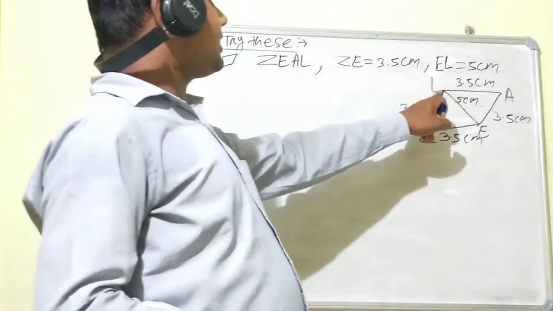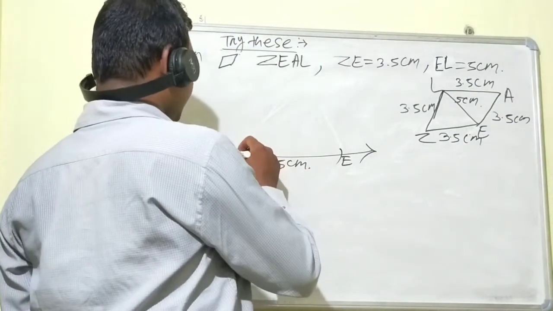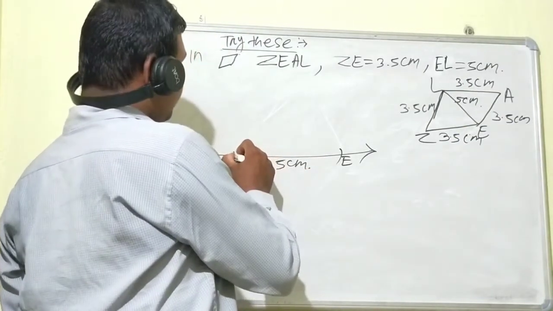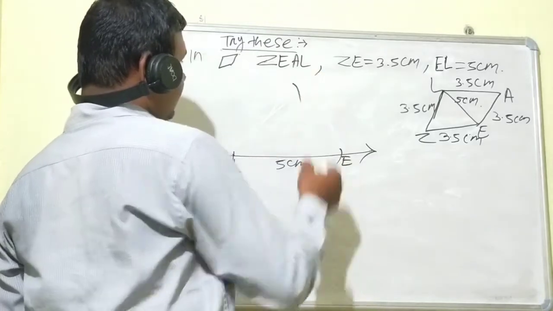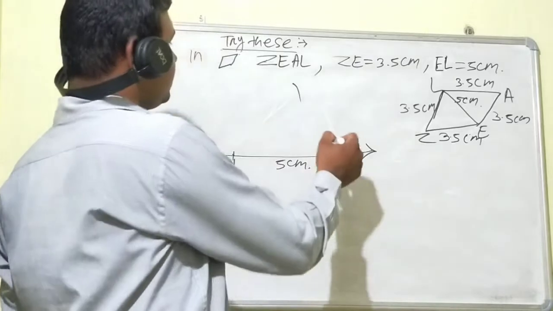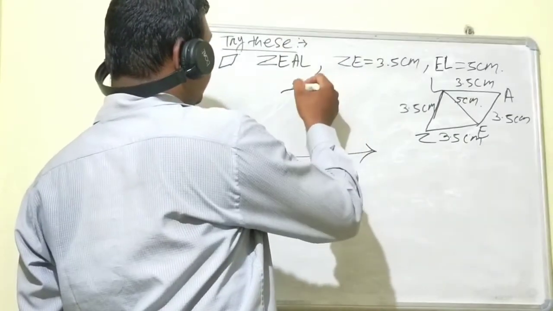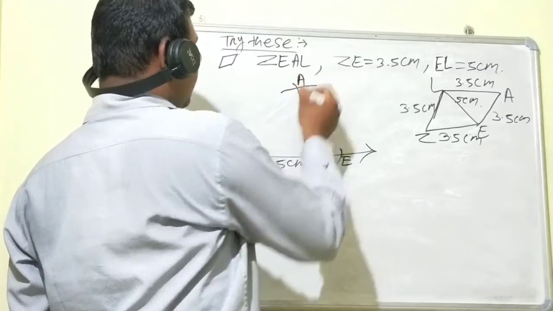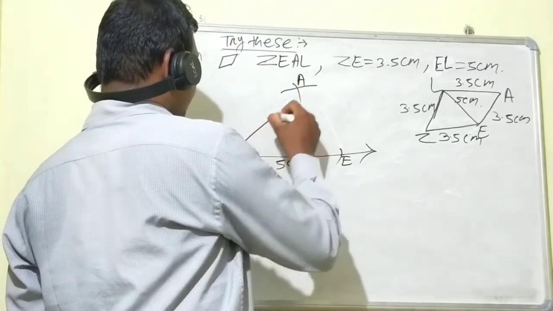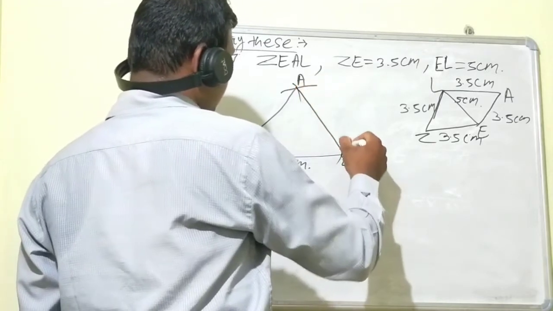We'll take the sides. Suppose we take LA 3.5 centimeter, cut from point L, and again EA also 3.5 centimeter, keeping the compass tip at E. We'll cut another arc. They will intersect at a point A. Next step, we'll join A to L and A to E.